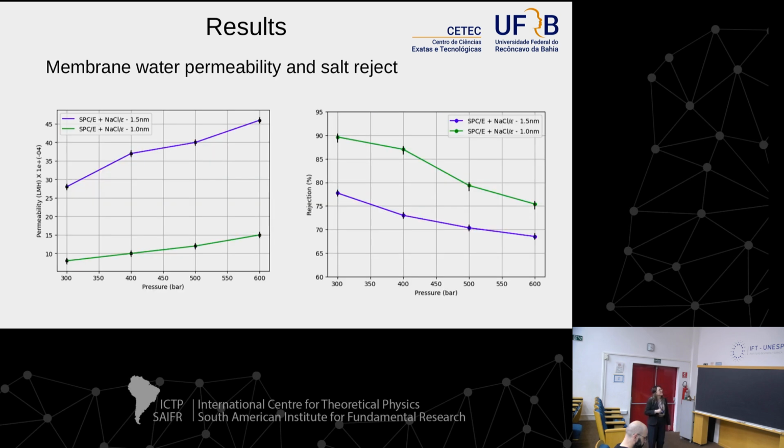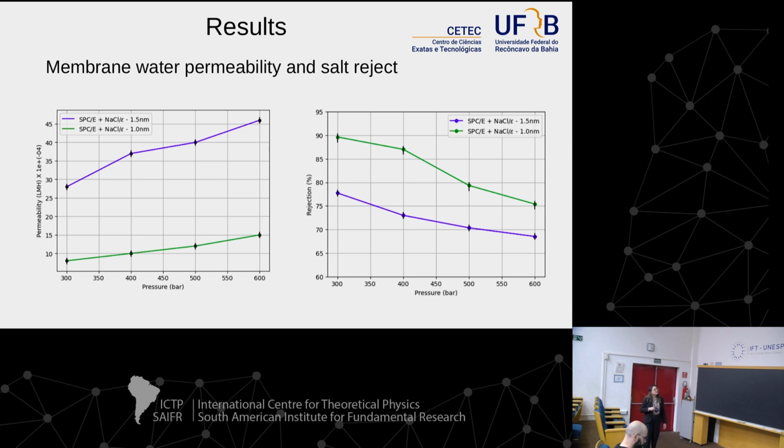Here we have the permeability. In this work, we use the NaCl model with epsilon, a model from Marcia and Raul. And here we have the permeability for the 1.5 nanometer slit. It is higher than the permeability for the 1.0 nanometer slit.